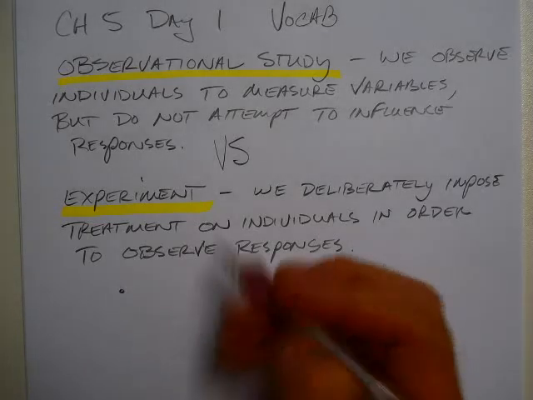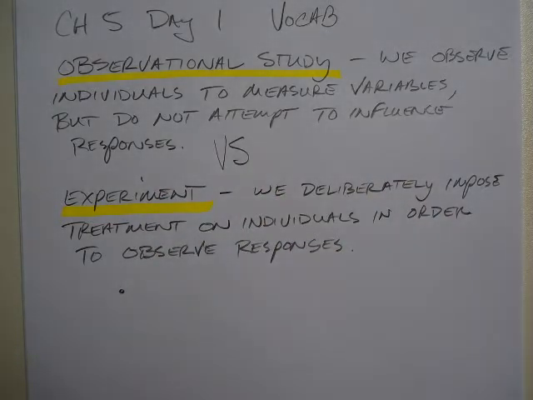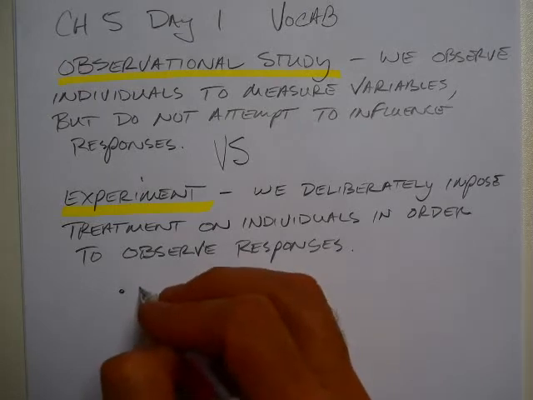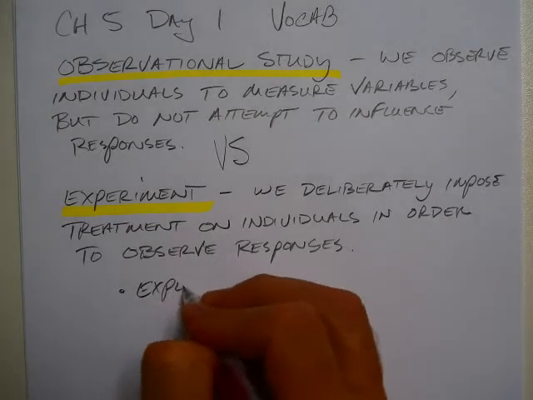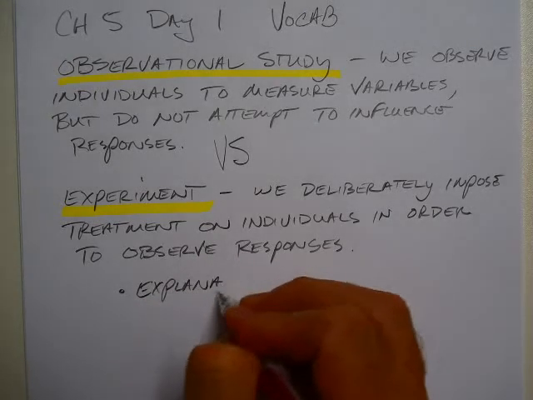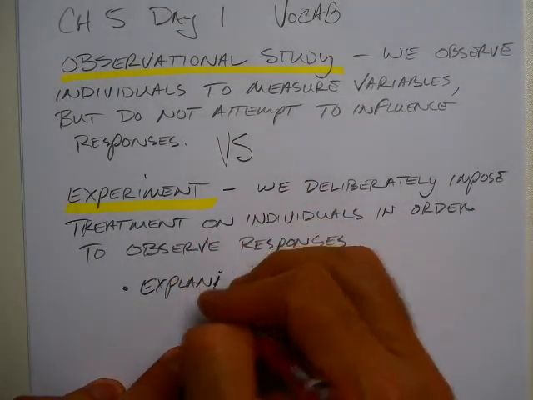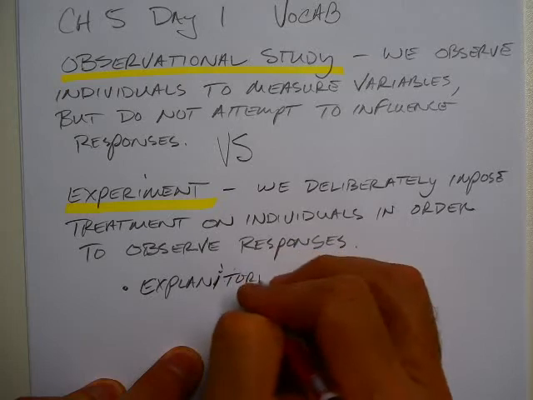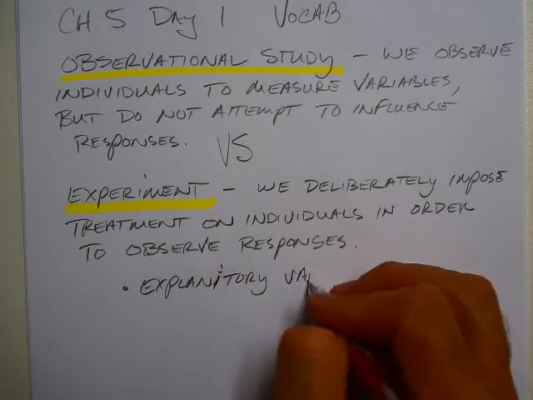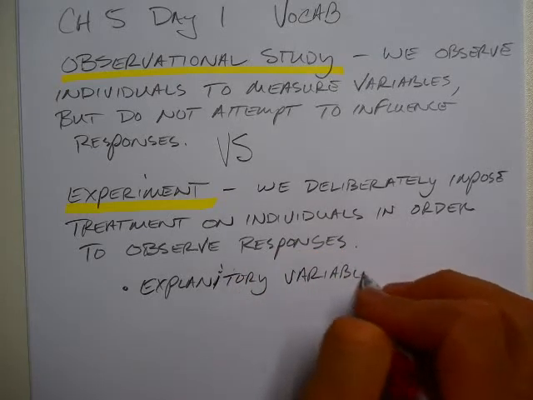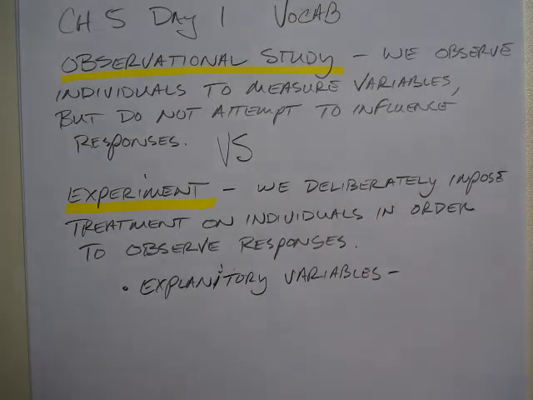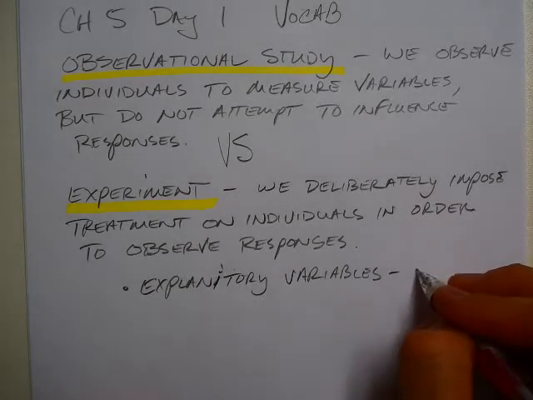In both of these, the observational study and the experiment, we have explanatory variables. And the explanatory variables help explain or influence change in a response variable.